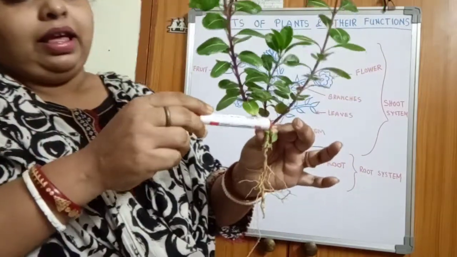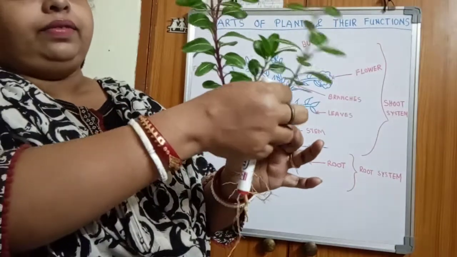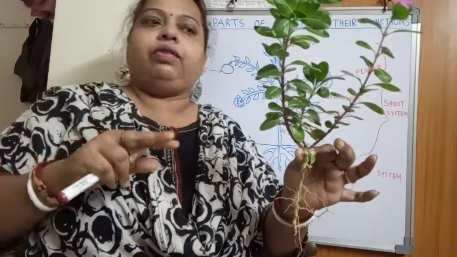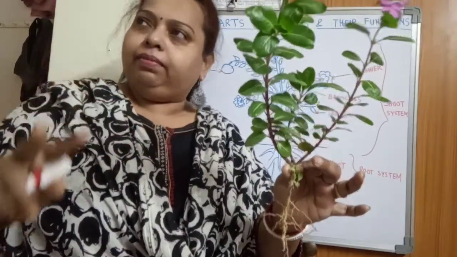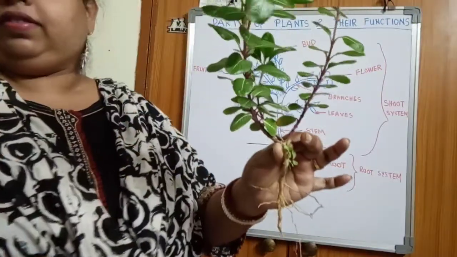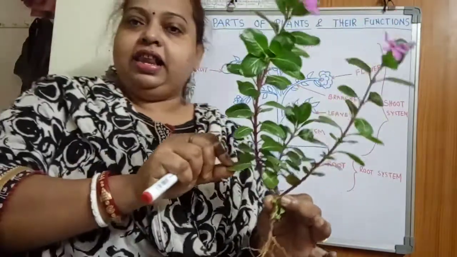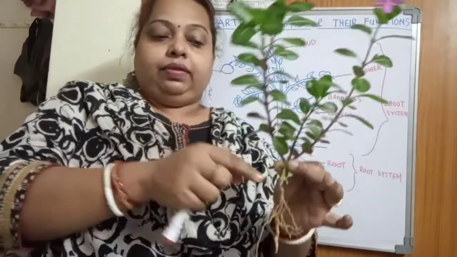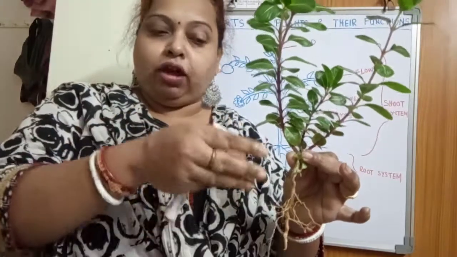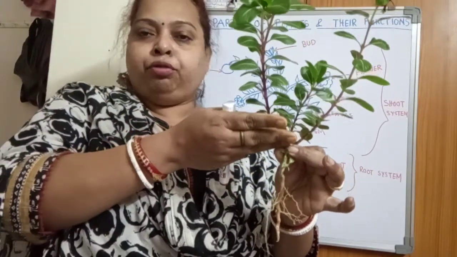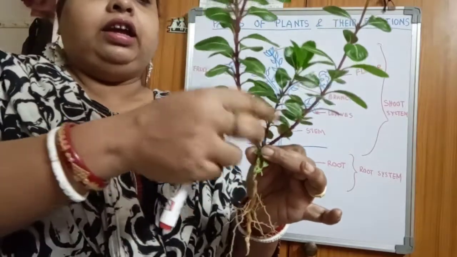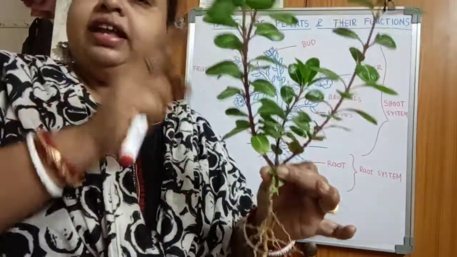Now see, those are the branches. Those are only the stem and branches. And those are the leaves. The roots absorb the water and minerals from the soil and bring it up to here, and from here the stem and the branches help carry it to the leaves.